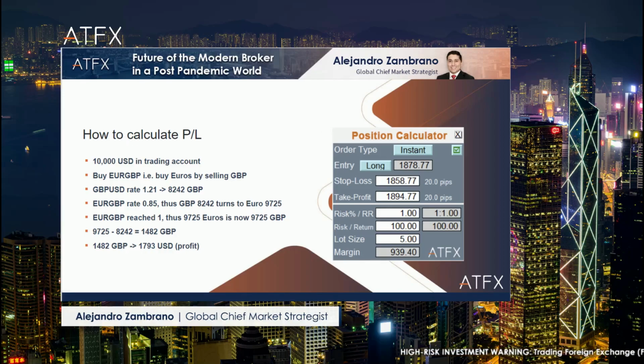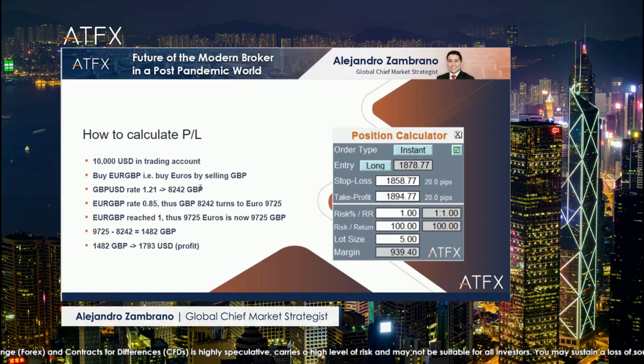So what's actually going on here? Well, your broker will lend you British pounds that you can sell. Now, what happens in the background is that technically, the first thing when trading this is that your broker will create an order in GBP USD. So they're going to take your 10,000 US dollars and exchange them to British pounds. If the rate is at 1.21, then you're going to get 8,242 British pounds.